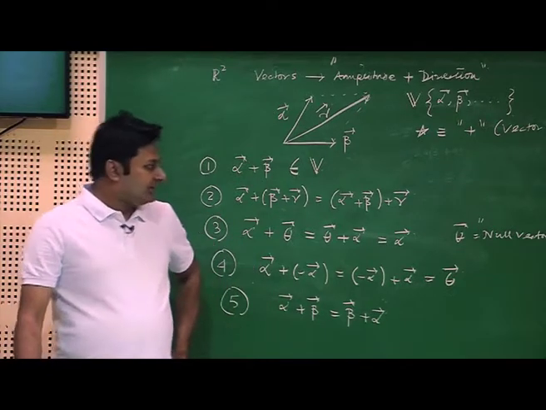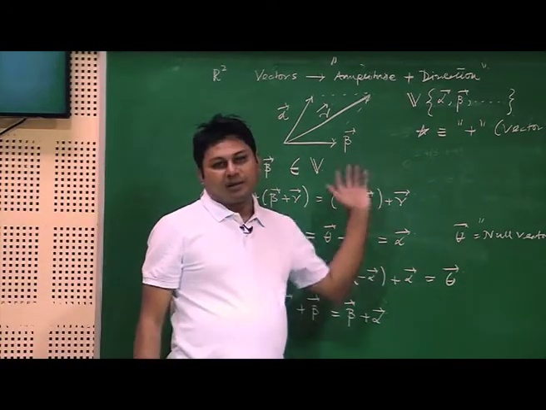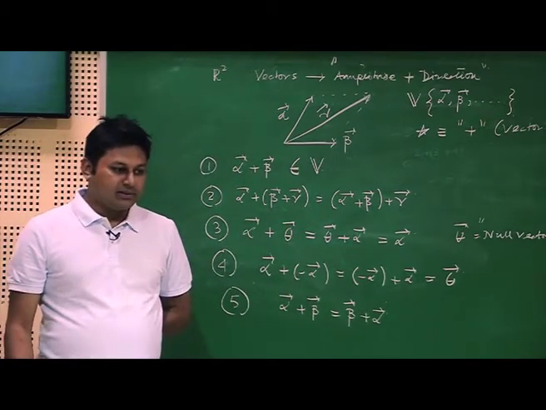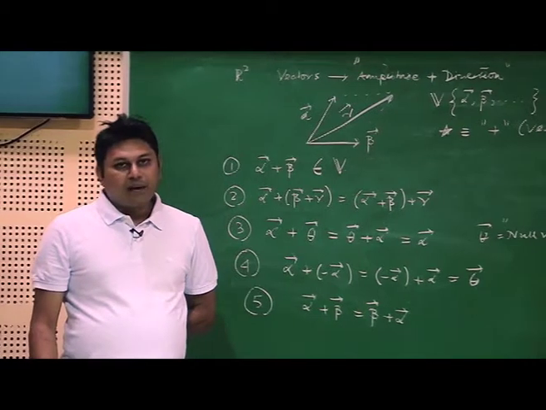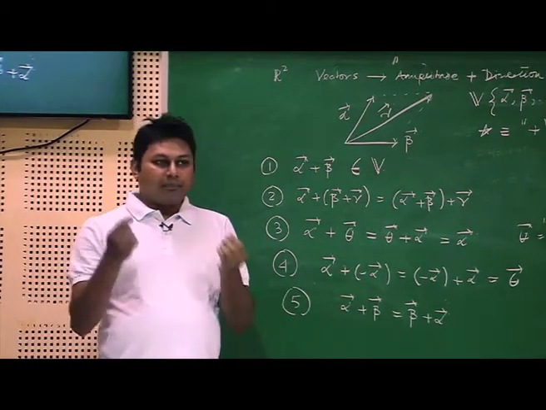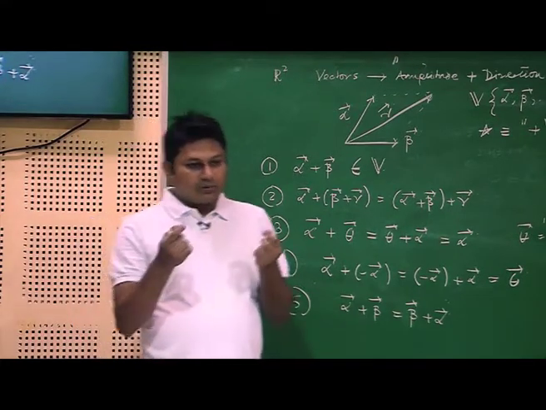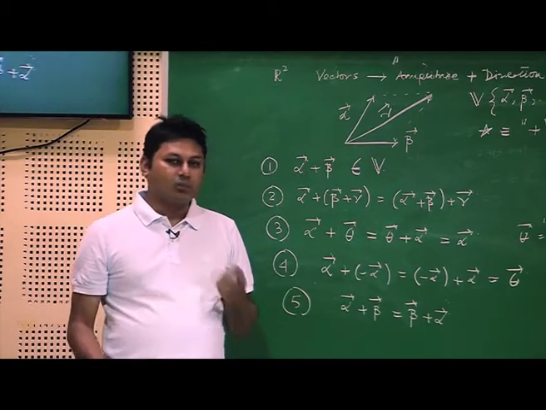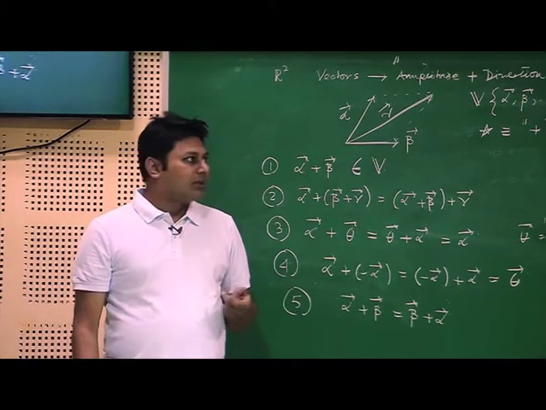Okay, so for this class, I would like to conclude here. Very important few concepts we learned. First, the concept of set and binary operation. A binary operation is something where, when we apply it over two elements of a set, it returns something which is inside the set. And secondly, the group.